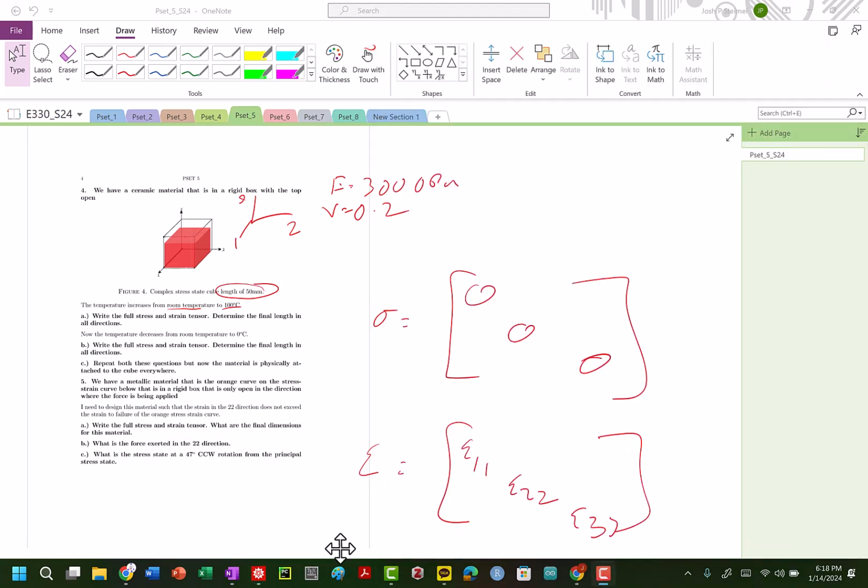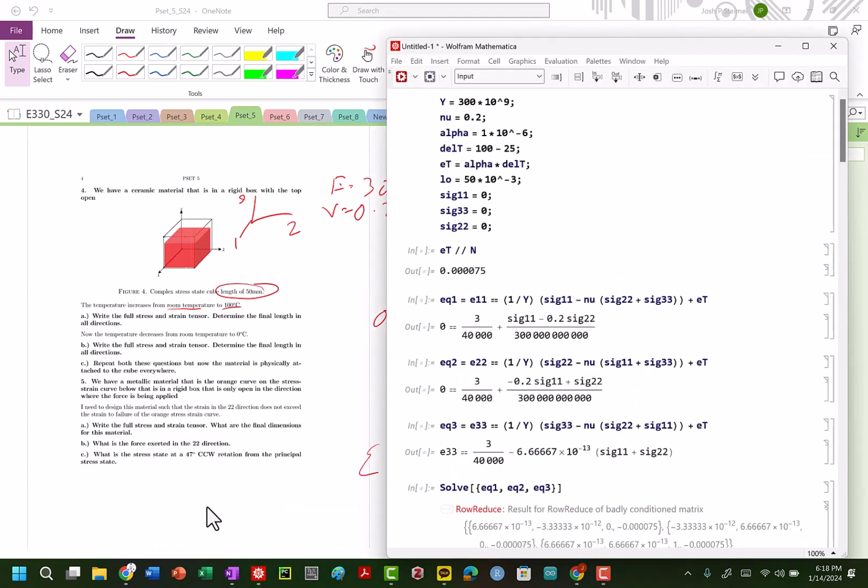So we can start to plug this into our Mathematica notebook. We have our material. Let's double check this. The final lengths in all directions, which we did previously. Now we can set this. We have our alpha that we, again, pulled from our lecture notes. Now every side is going to be contracting because we're decreasing in temperature. So sig 11, sig 33, sig 22 will all be 0. And we can just calculate these out.